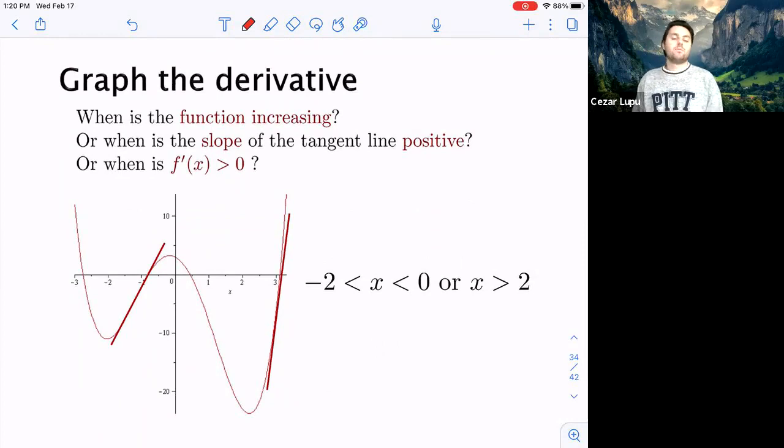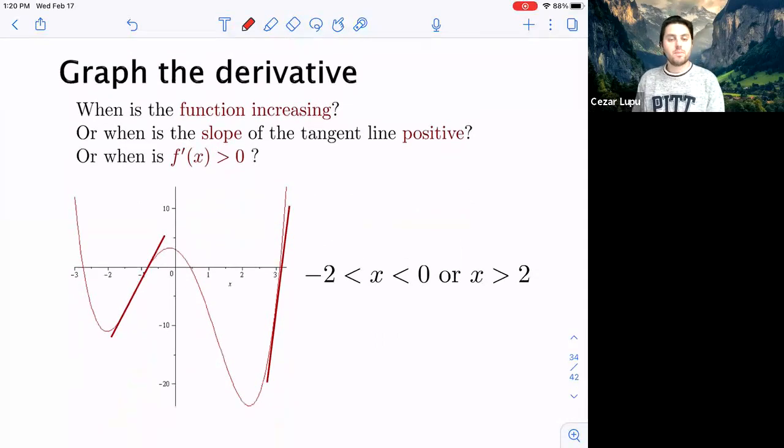Or when is the derivative of the function positive? Let's look at this graph. I want you to look at the graph and tell me, when is the derivative positive, or when is the function increasing? Just look carefully at the graph.